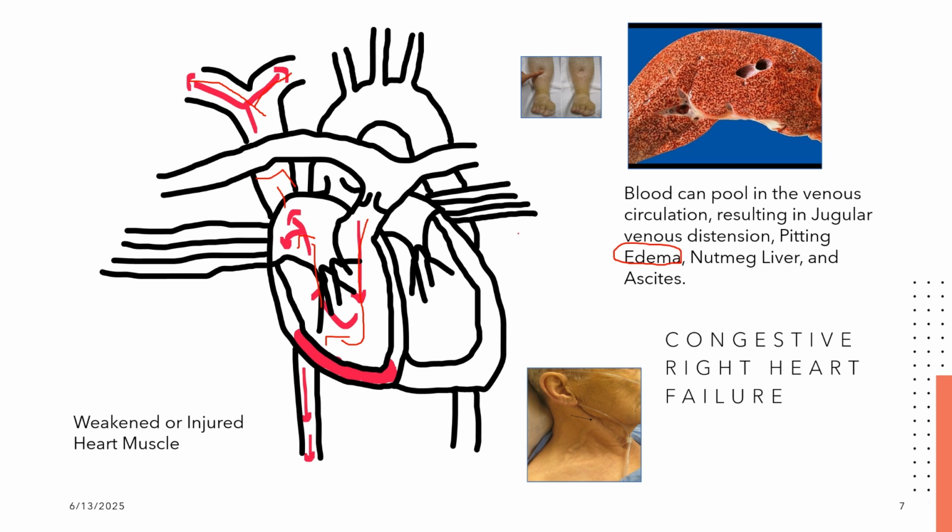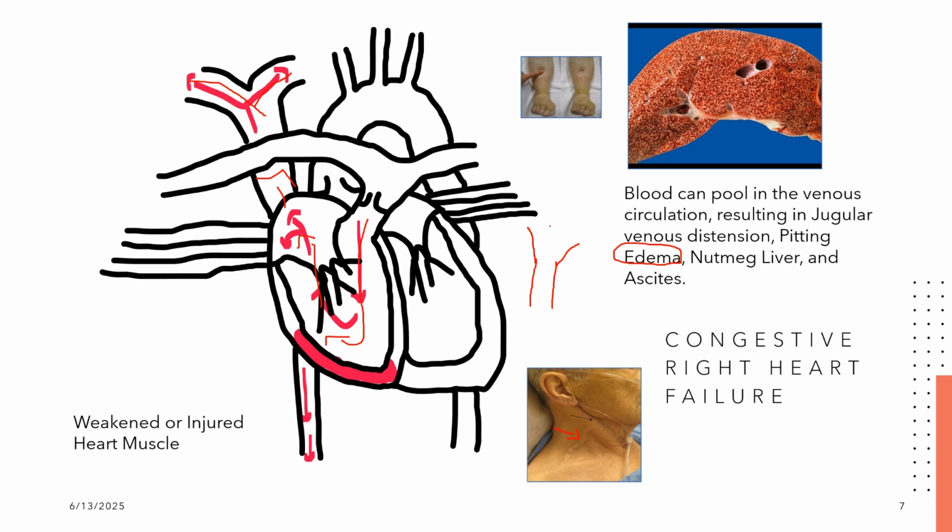Let's see. So, first, from your head to your toe, the first area affected is your neck. This is one of the most visual signs of heart failure. Basically, the big veins in your neck are called jugular veins, and they can get congestion as they swell up due to the blood volume that has been pooled inside there.